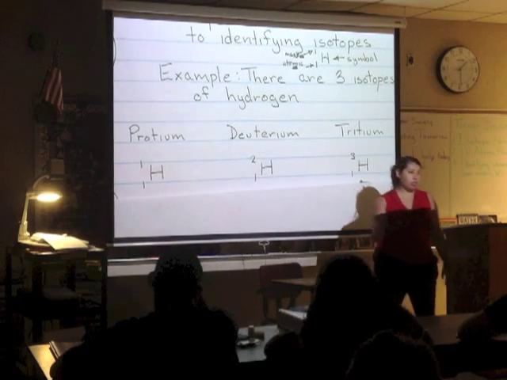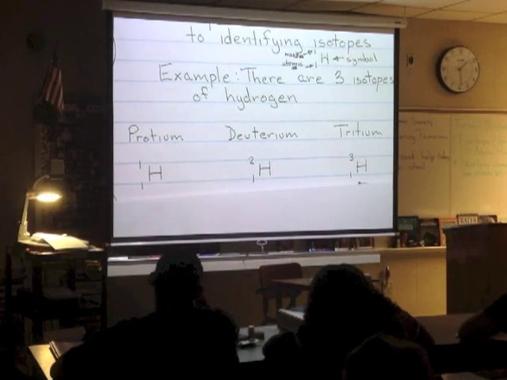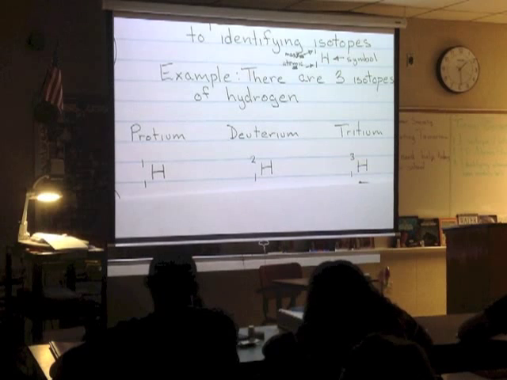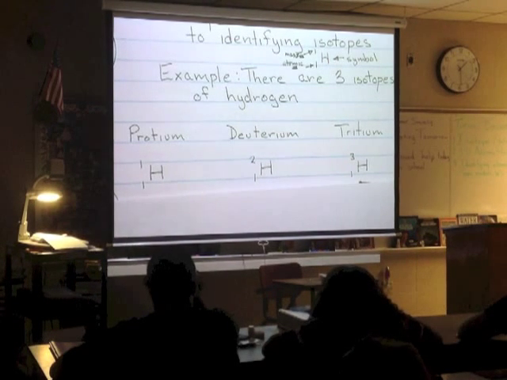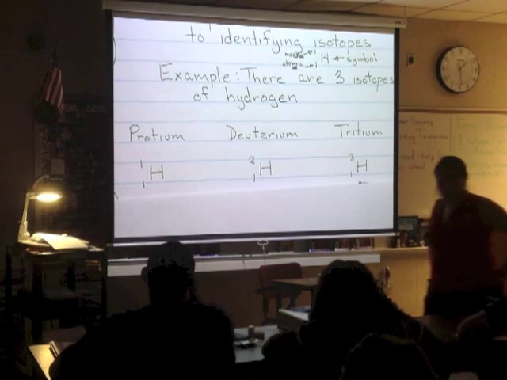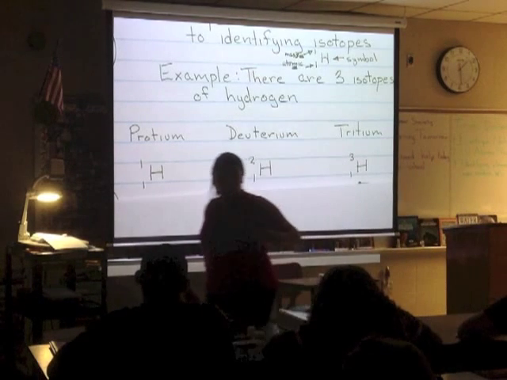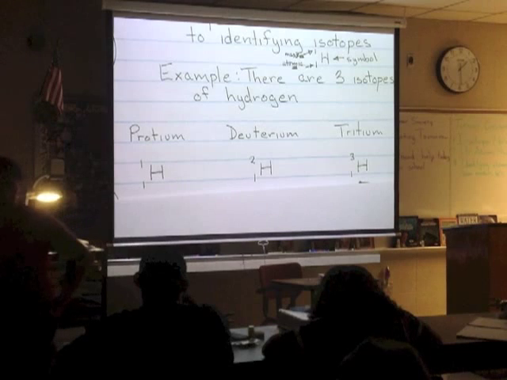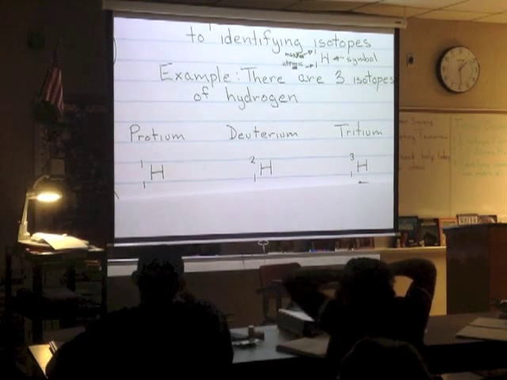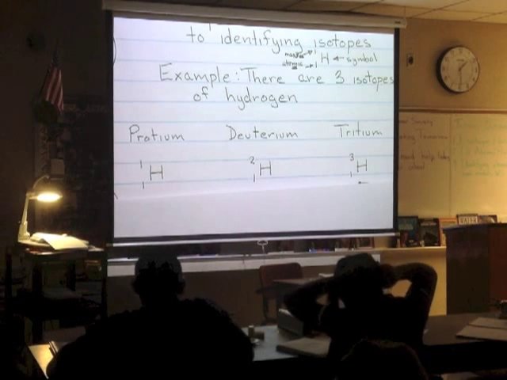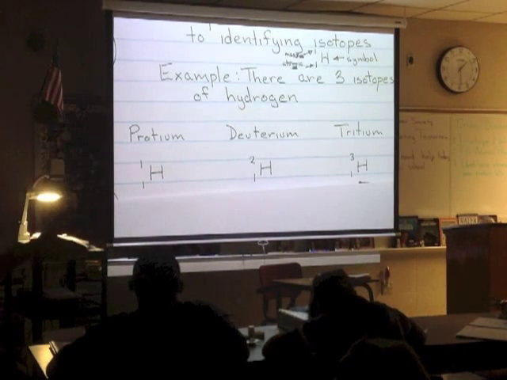So by looking at those 3, Ricky, what do all 3 of those have in common? They all have 1 proton. They all have one proton because their atomic number is 1. So I know that all three of those are hydrogen because the bottom number is 1 and the atomic number of hydrogen is 1.